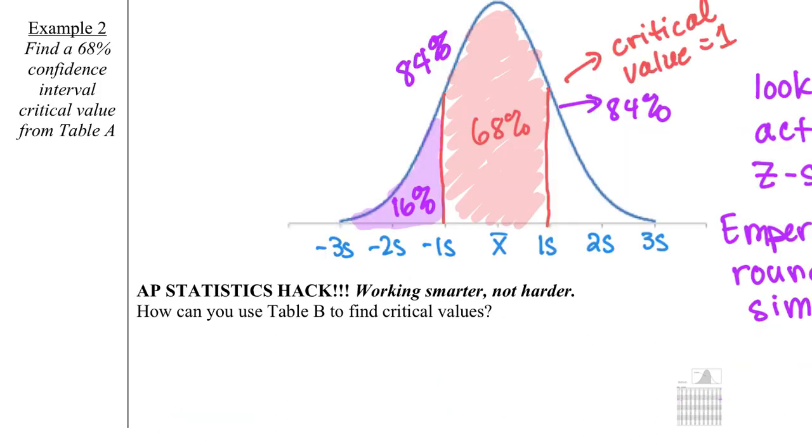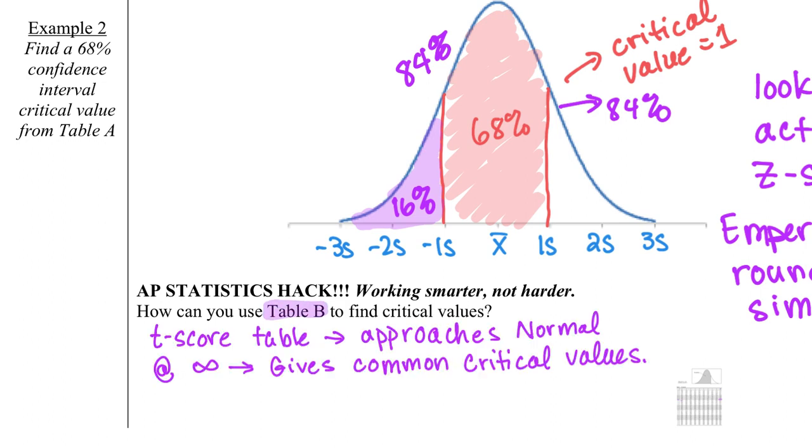There is another table that you're going to be provided on the AP exam, and we're going to take a look at this in class since we're running out of time here. There's a table B, and this is known as the T-score table. The T-score table has a normal line at it when it's equal to infinity. I'll show that to you in class, and eventually when we get to T-scores, I'll be giving those tables out.